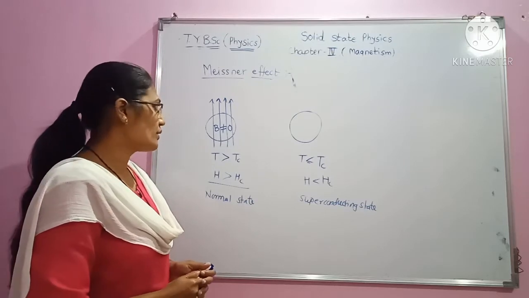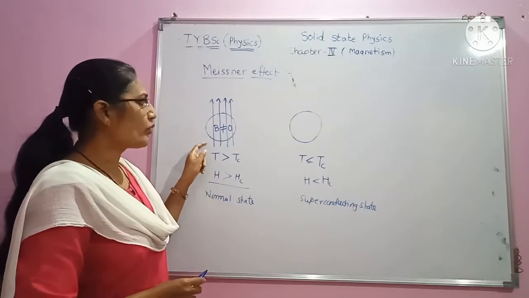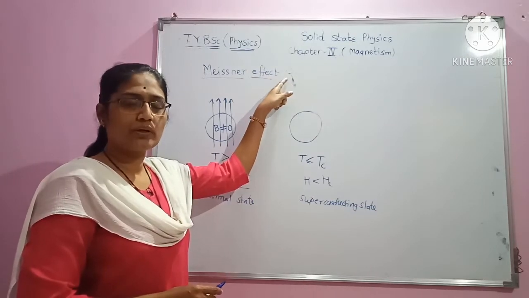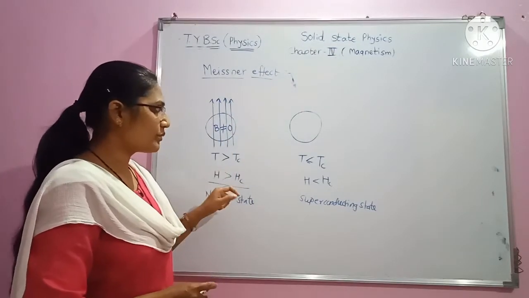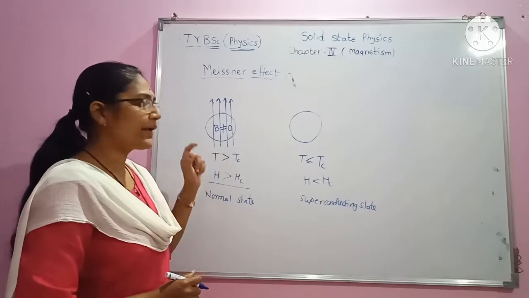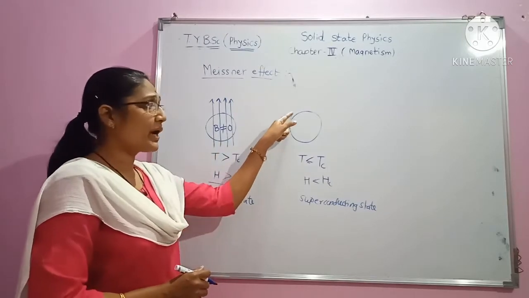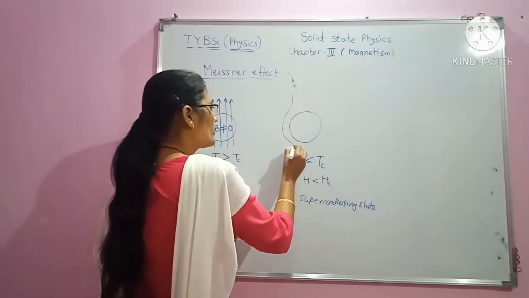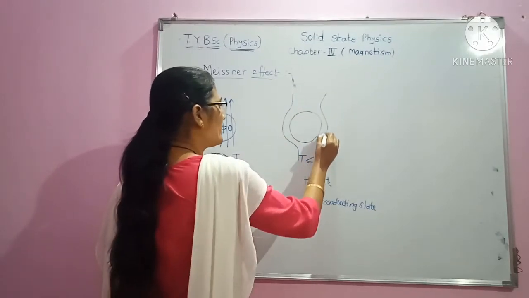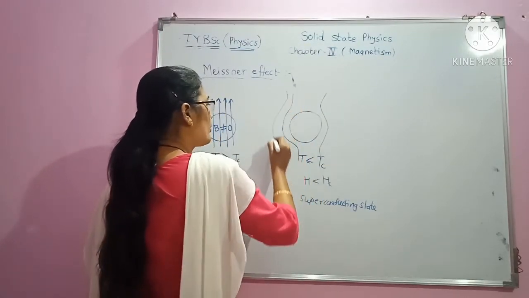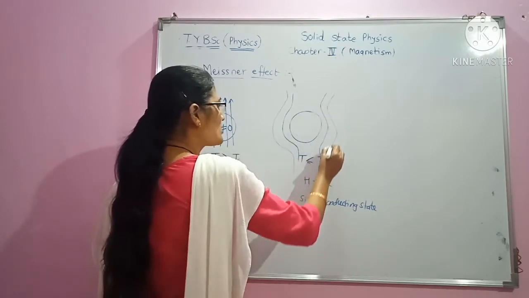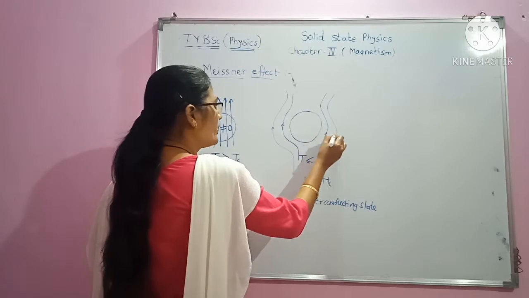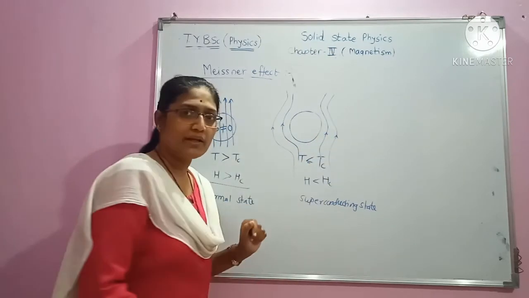then the magnetic lines of flux should pass through the superconducting material. But they observed that the magnetic lines of flux do not pass through the material, but are expelled from the interior of the material.